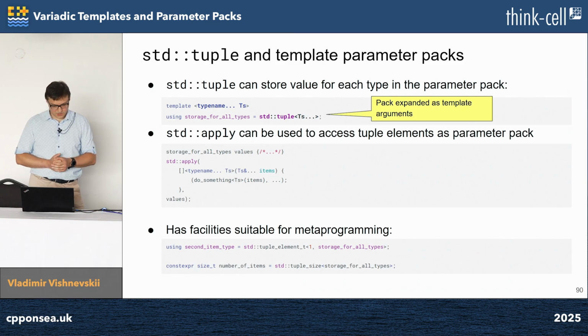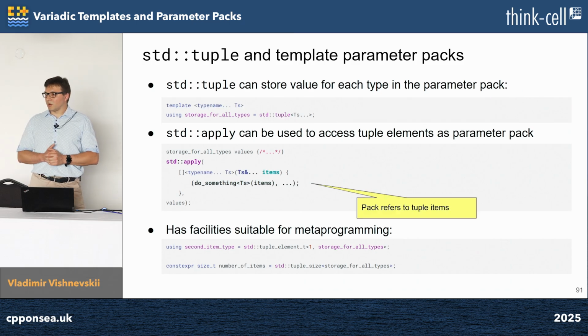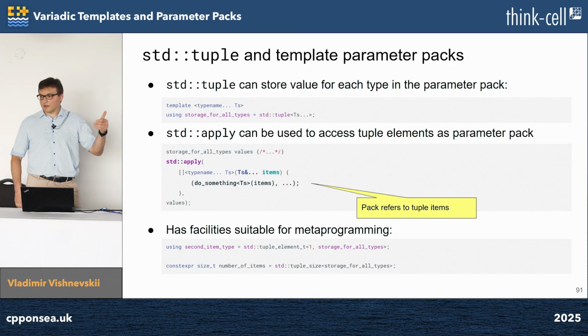So for example, as we saw previously, there is a tuple wrapper example as well. We can also get access to all the items within this using the apply function. The apply function can be called on the tuple, and then it can be a generic function where we will have a function parameter pack that corresponds to each item of the tuple.